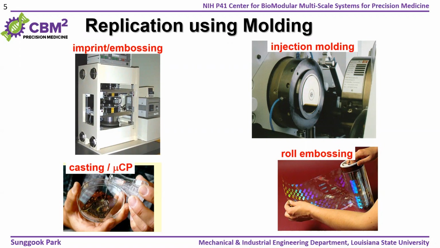I think these two are available at KU, LSU, and many universities. Also, Dr. Matt Hooper already talked about PDMS casting or soft lithography. And these days, people also try to make a lot of devices using roll embossing, but I will mostly talk about these two techniques.